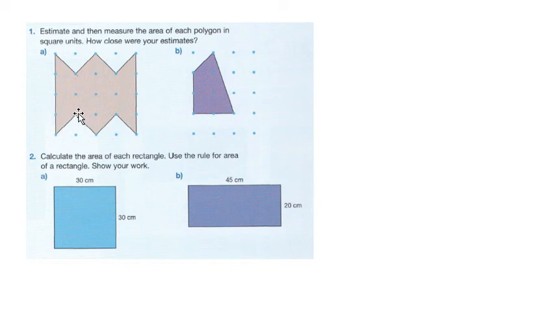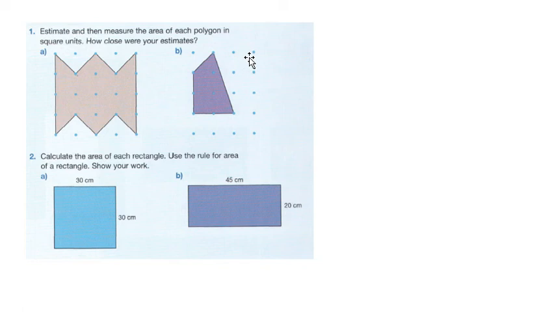Here's 1 half square and another, that's 3. Here's 1 half square and another, that's 4. So we had 8 full squares, and we add up all the half squares, we get 8 half squares or 4 full squares. So 8 full squares plus 4 full squares gives us 12 full squares, and that's an exact answer. Our estimate was anywhere from 12 to 15, and we were able to get that.